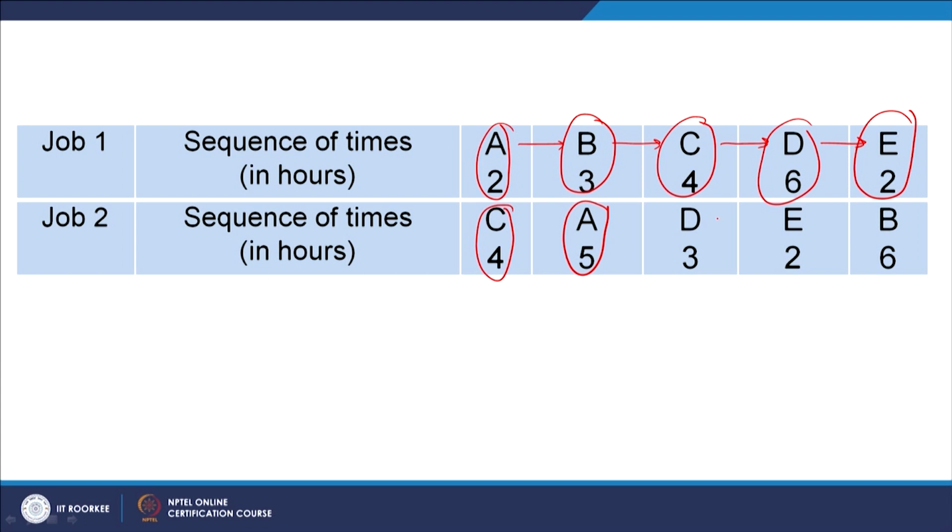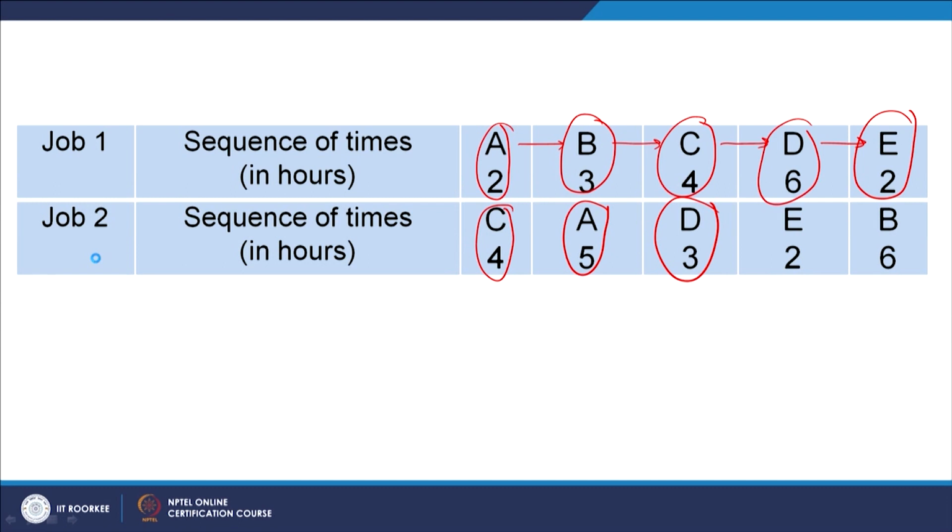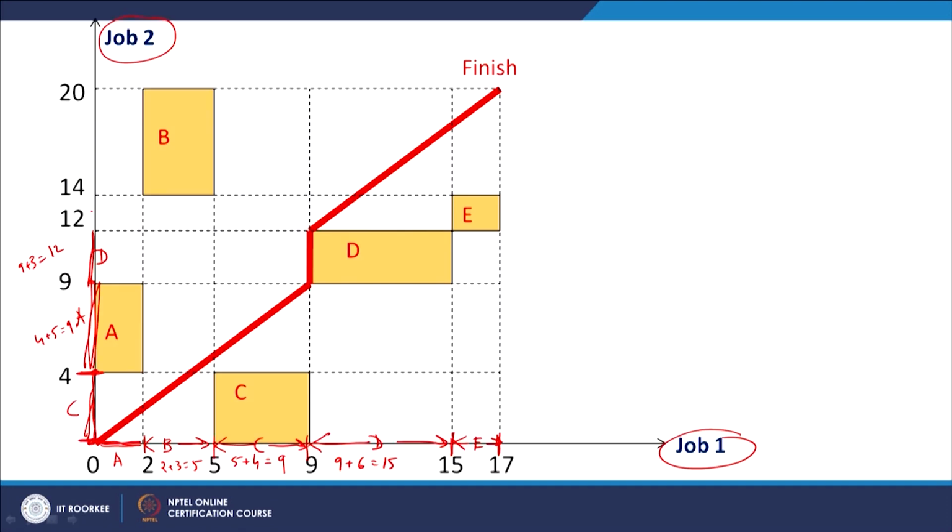Then comes D. D requires 3 hours. So, therefore, 9 plus 3 is 12 and this is D. And the fourth one is E. It requires 2 hours. So, therefore, 12 plus 2 is 14.